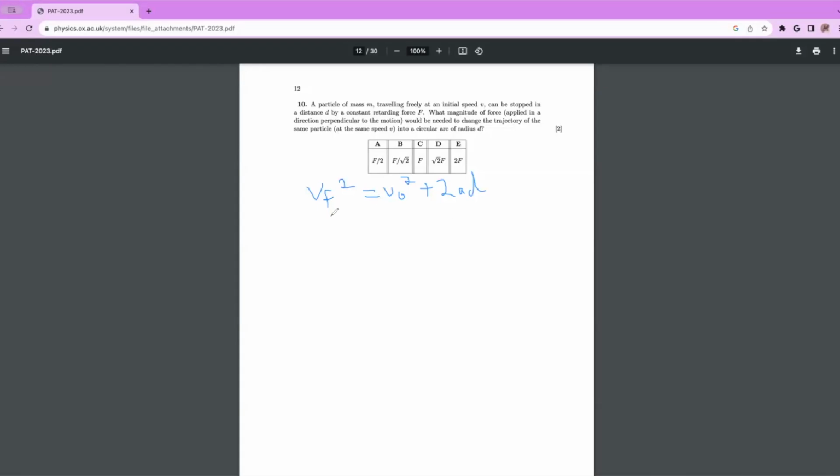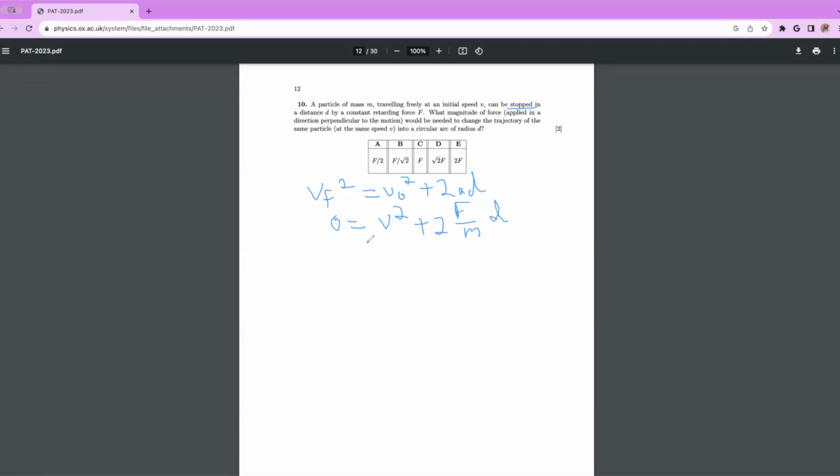If we solve, it says it can be stopped, meaning that Vf is 0, and that's equal to V squared plus 2 times F over m, by Newton's second law, F equals ma, times d.